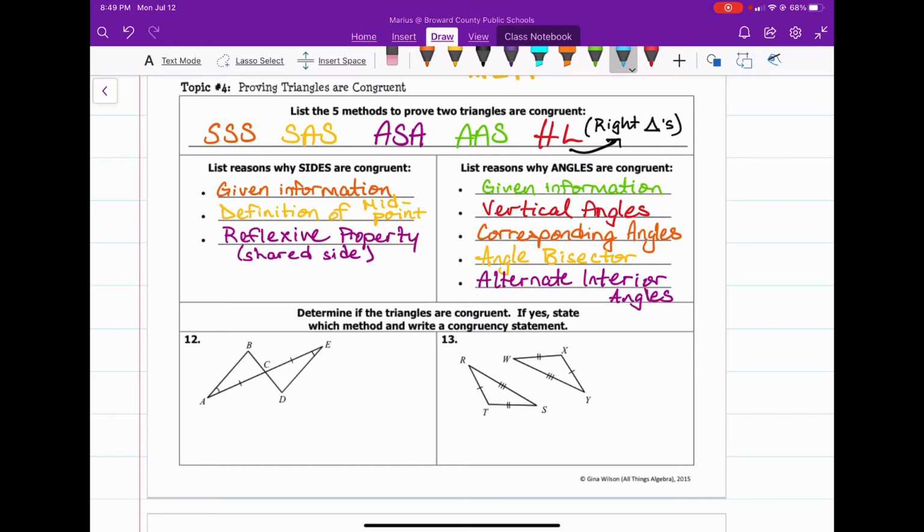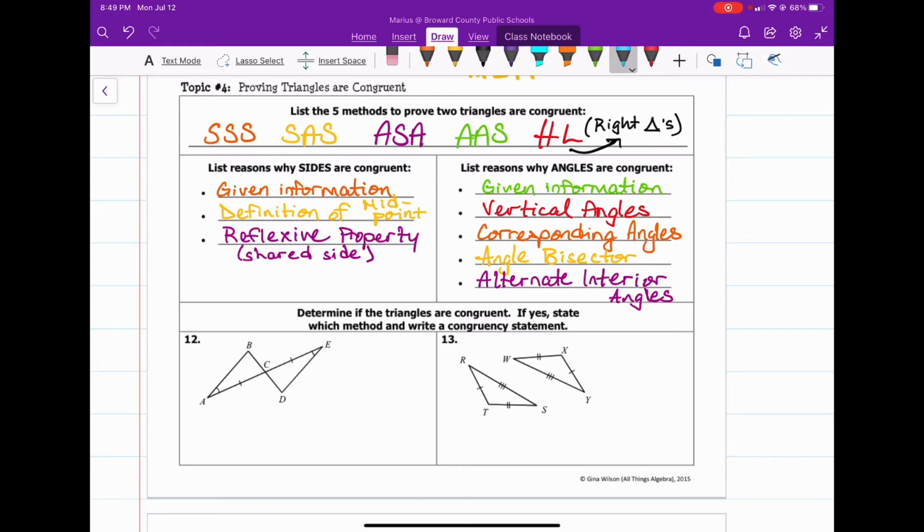The first one is just the given information, and given information is basically congruent markings, or if they tell you the value of the sides. The next reason that sides would be congruent is the definition of a midpoint.